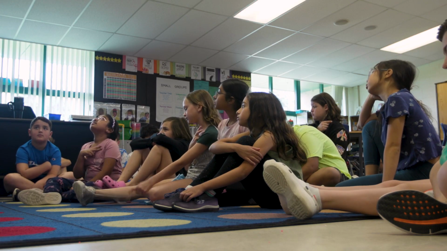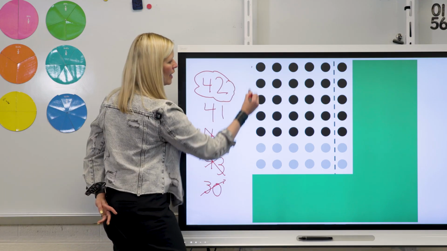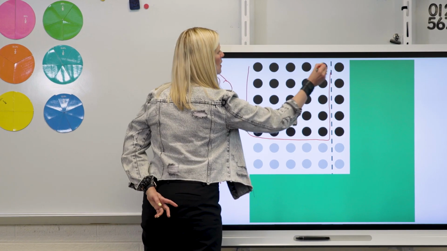I still know from the last exercise, the practice, that one of those black boxes is 25. Oh, like right here? Yeah, and I see next to it one line, and these are 5.